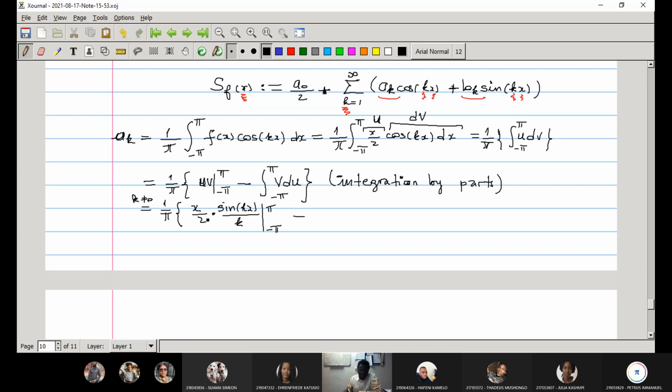Now I will differentiate this one, du. So if u is this, du will be 1 by 2. So this would be 1 by 2. I can take it out if I want. 1 by 2 for this, and then dx. So inside the integral, I have v, which is this one, sine kx by k into dv.